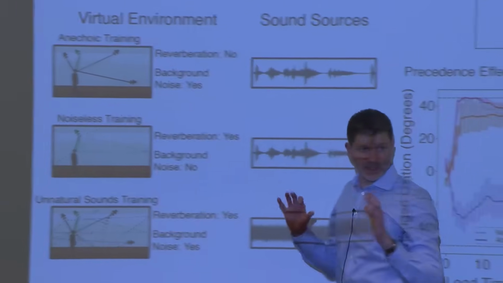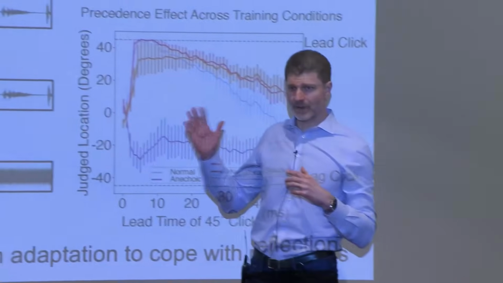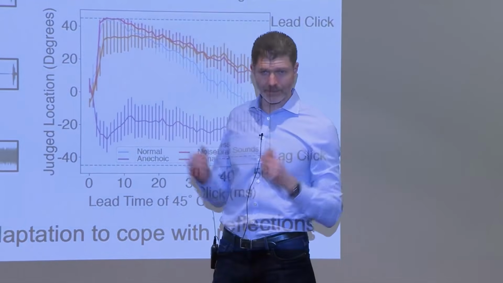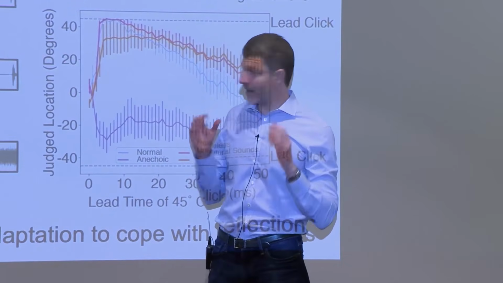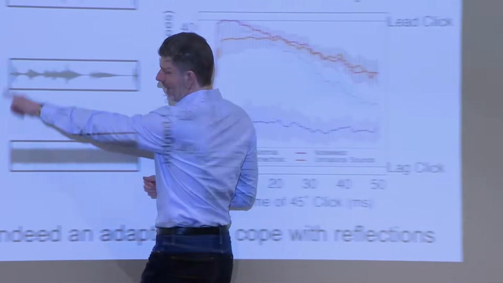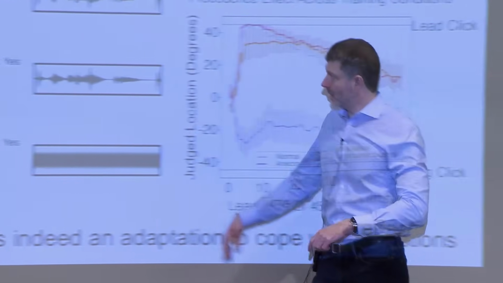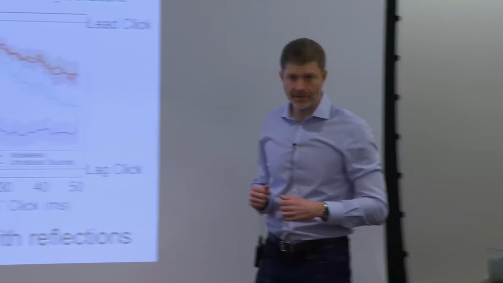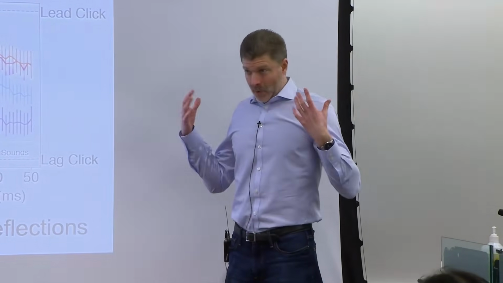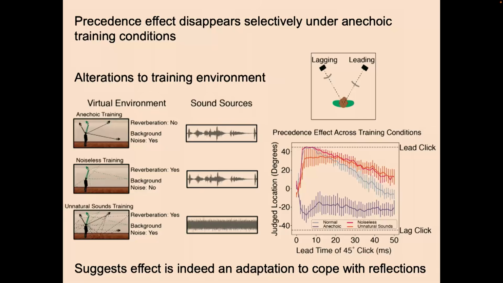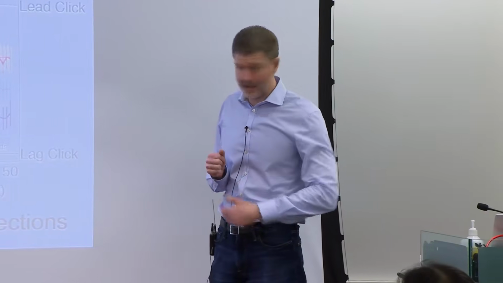So this is a situation in which every surface absorbs all the sound that it receives. It's like if you grew up and evolved in anechoic chambers. We can get rid of background noise, make the sounds unnatural, different kinds of alternative training regimes. Okay? And so then we can optimize the model in these different kinds of worlds and then test it behaviorally and see if it exhibits this phenomenon.